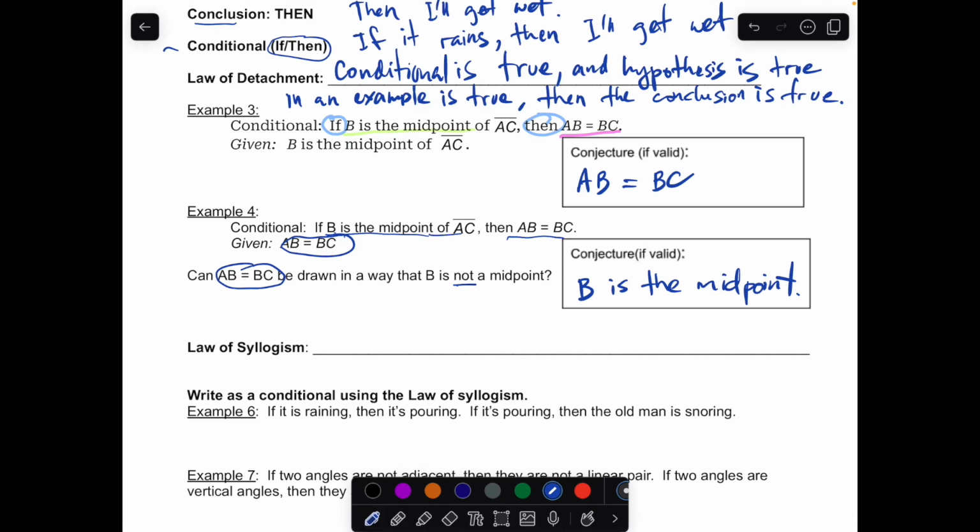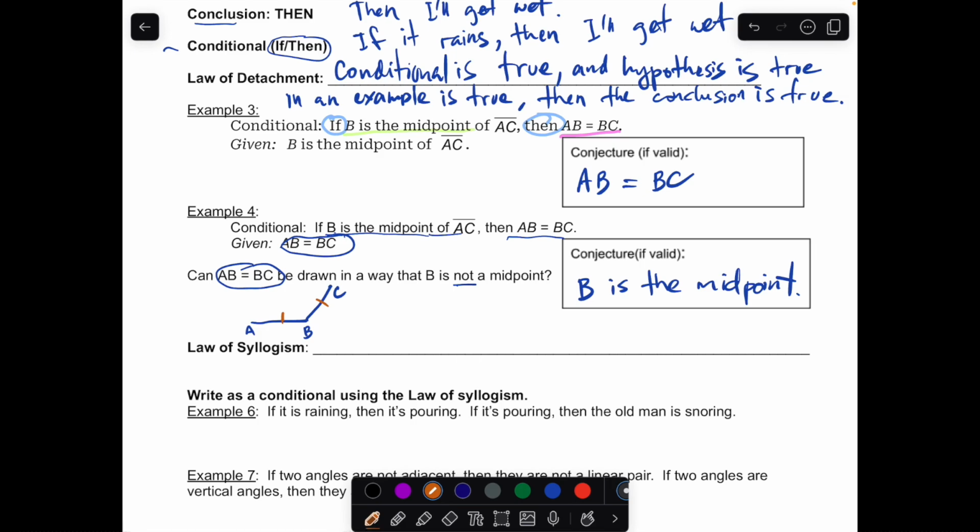If you're thinking of just a straight line, then B will be the midpoint. But if you think of AB here and possibly BC here, these two segments are congruent, but because A, B, and C are not collinear, then B can't be the midpoint.